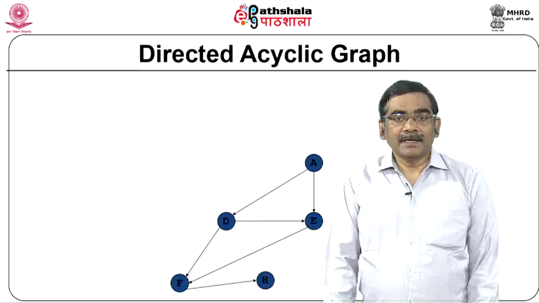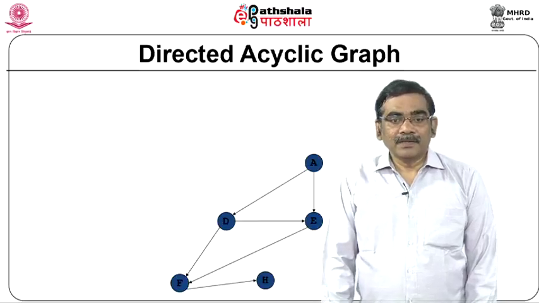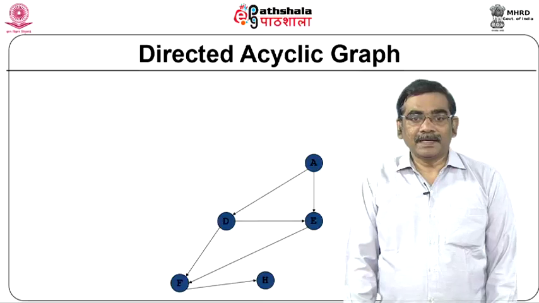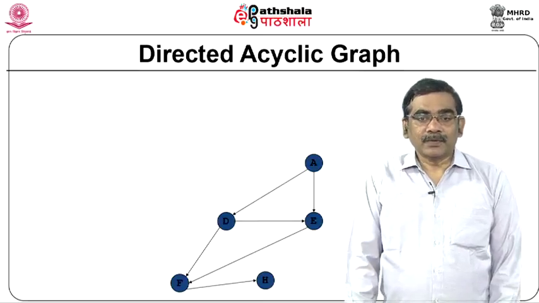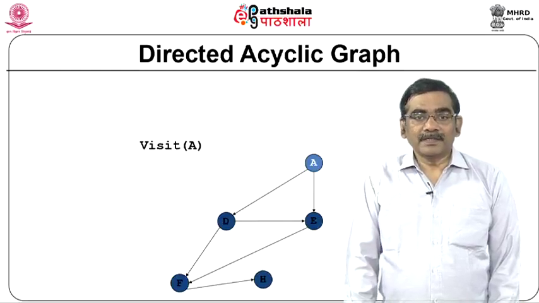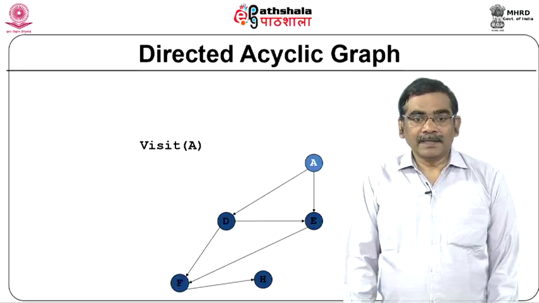So, this is the example for that. This is a graph, deliberately given as a directed graph. We are going to start with A. So, we are visiting node A and invoking DFS.